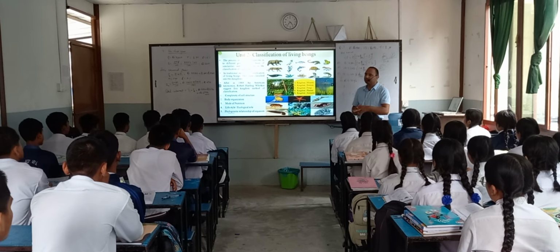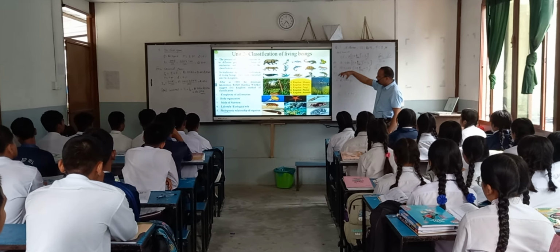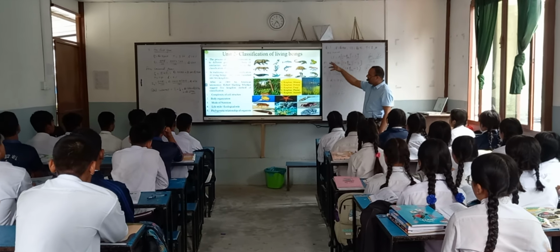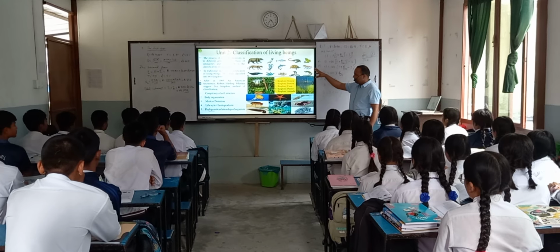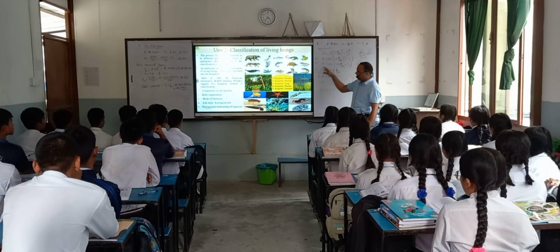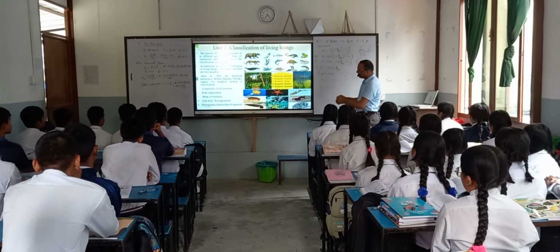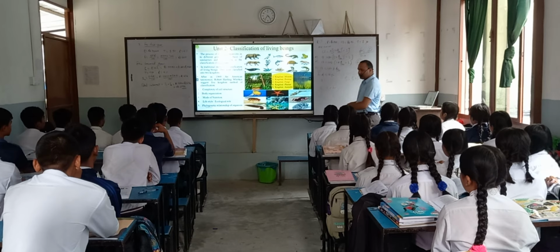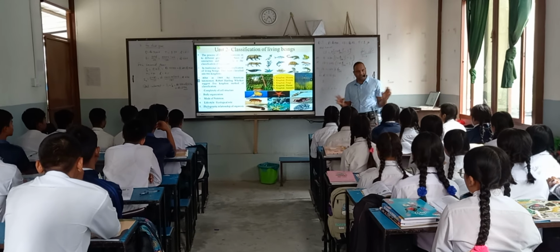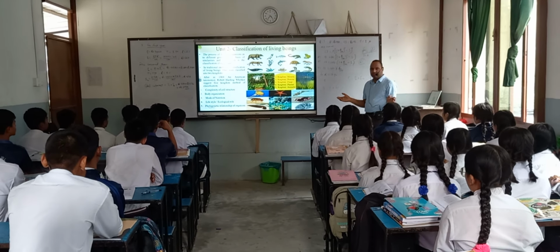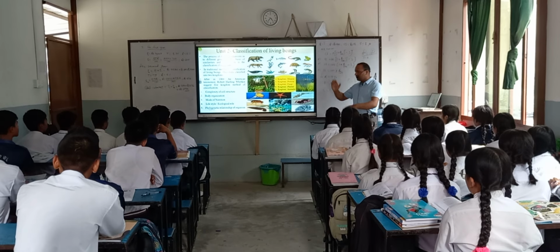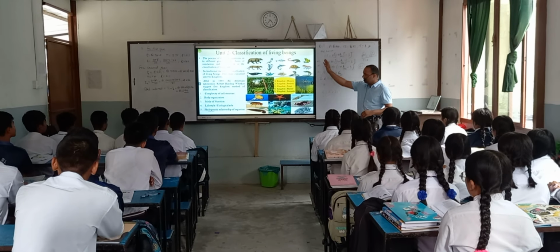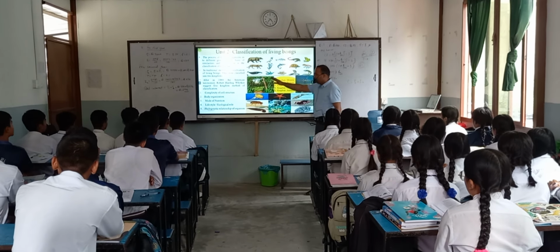Now you can see various kinds of organisms in nature on the screen. Some of them have common characters, and some have several different characters. However, they are classified on the basis of five major bases.